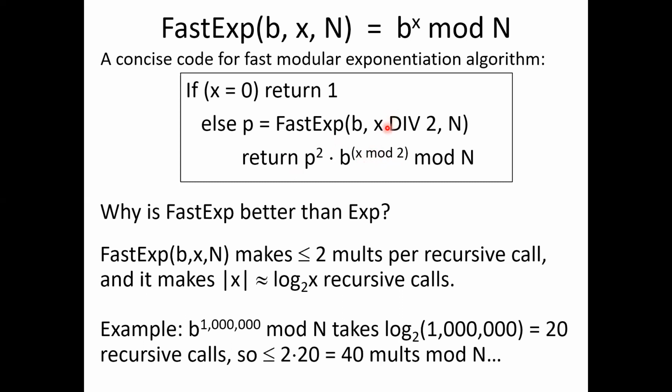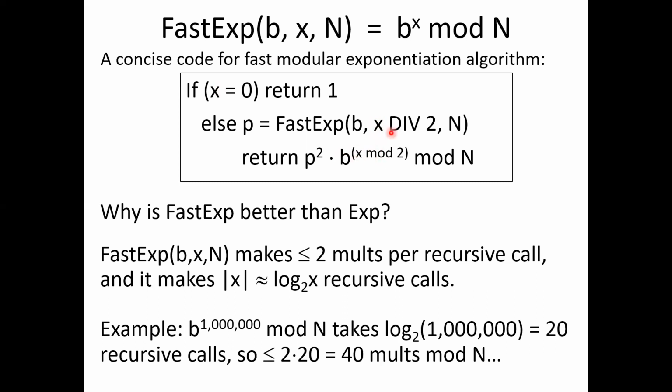Because here is the observation: these x mod 2 values correspond to bits of x. If I write x in binary, the x mod 2 values that will appear here in recursive calls are bits of x. Why? Because this is exactly the same algorithm that represents x in binary, right?